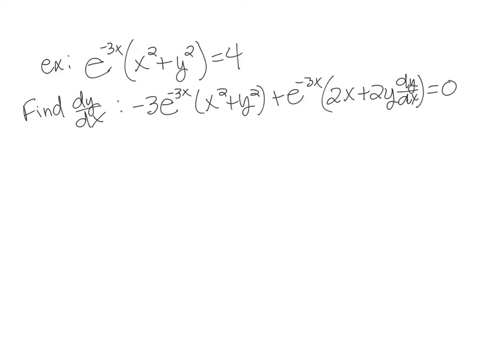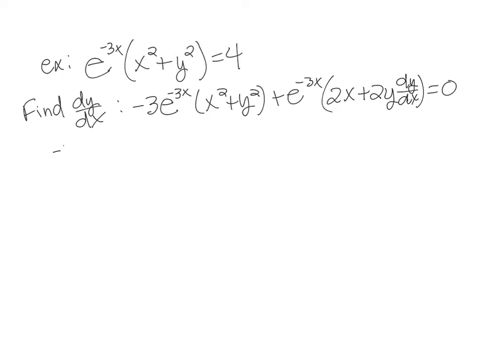So first things first, this is the guy I need to isolate. So I'm going to distribute this through here. Then I'm going to take anything that doesn't have a dy dx and move it to the other side of the equal sign. And then I'll just divide by the 2y.